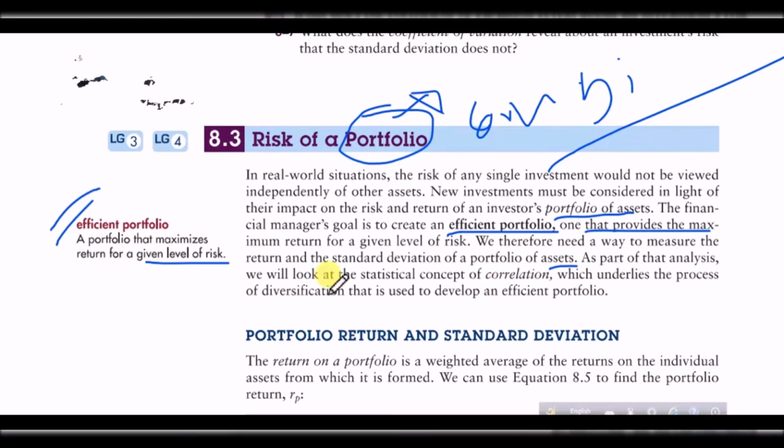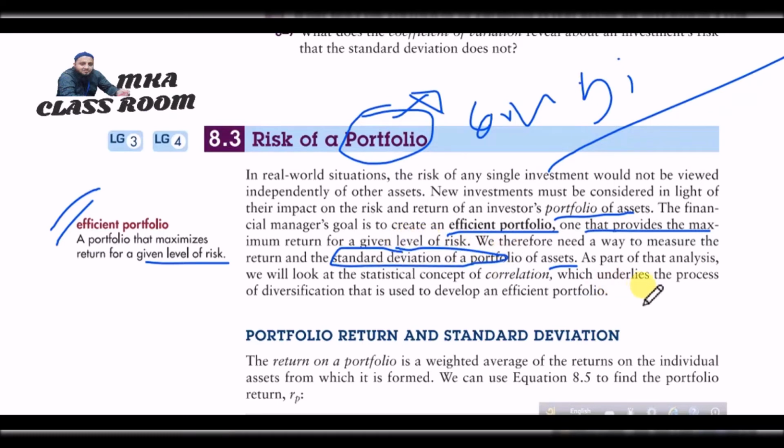Therefore we have to determine the risk of a portfolio. That means we have to determine the standard deviation of a portfolio of assets. As part of that analysis, we will look at the statistical concept of correlation, which underlies the process of diversification that is used to develop an efficient portfolio.